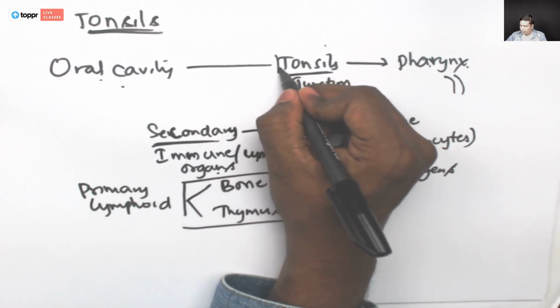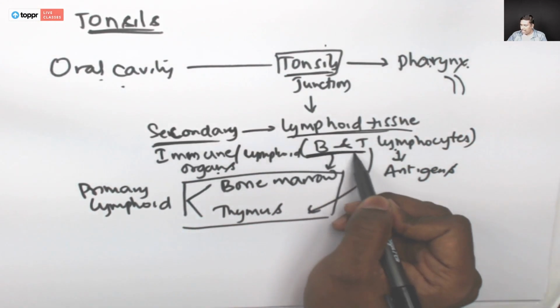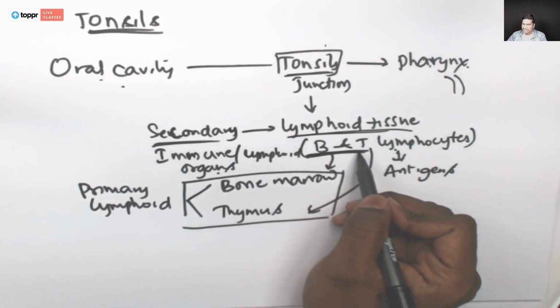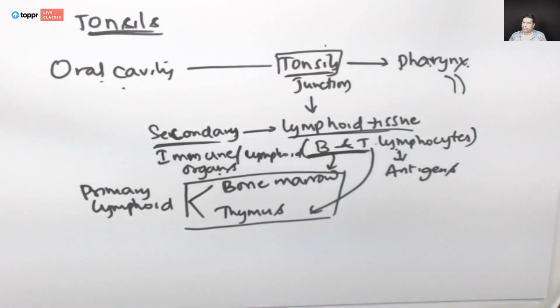So these are the lymphoid organs, and like I said, lymphoid organs have lots and lots of B and T lymphocytes, and B and T lymphocytes are the immune cells which provide you with your immune protection. They are the main cells responsible for your acquired immunity.